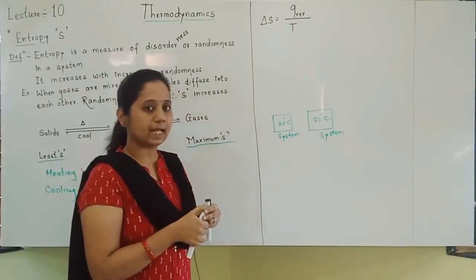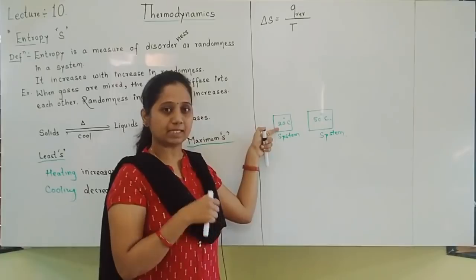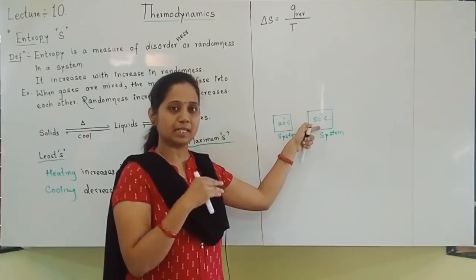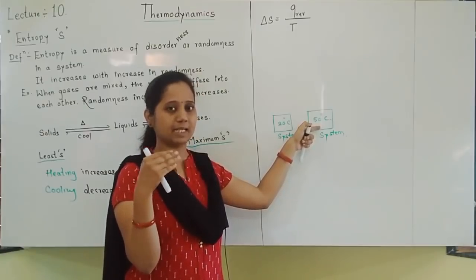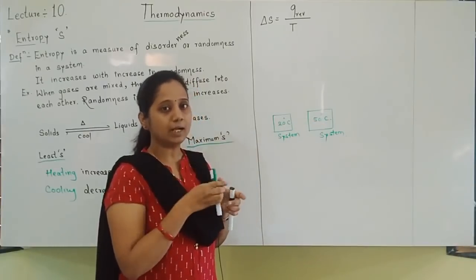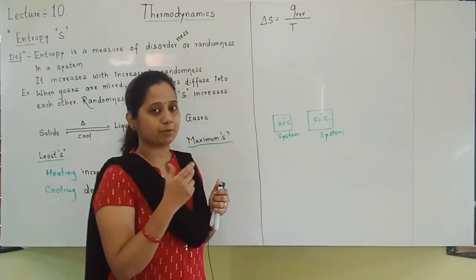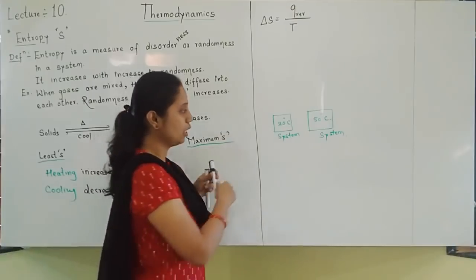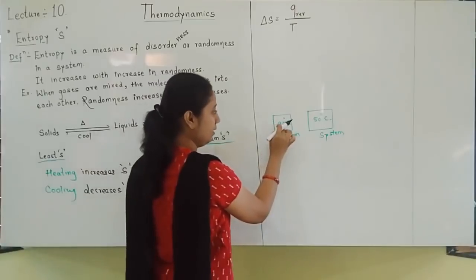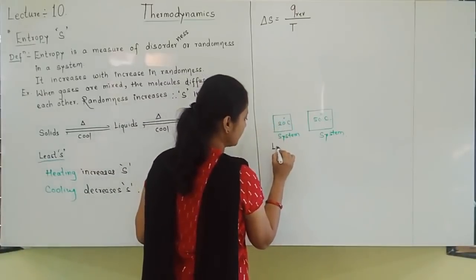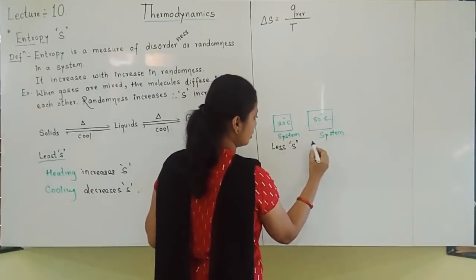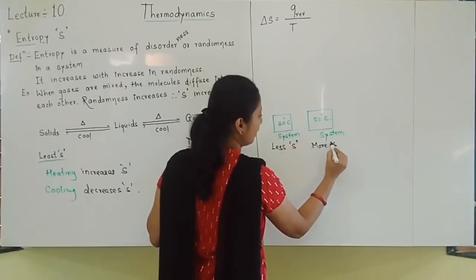As you already know, the lower the temperature, the less the randomness and disorderness. Here disorderness will be more because the system is at a higher temperature, so more disorderness is already present. Now under such condition, if heat is provided. So the system at lower temperature has less entropy, and the system at higher temperature has more entropy.